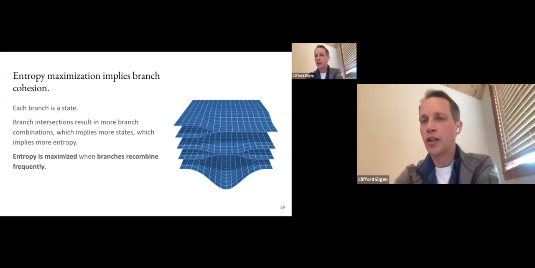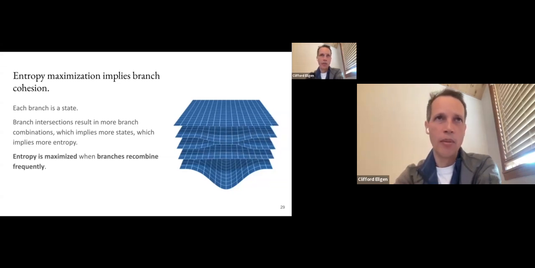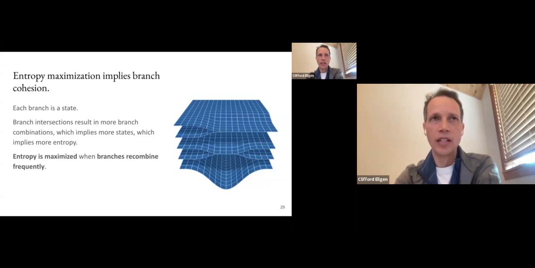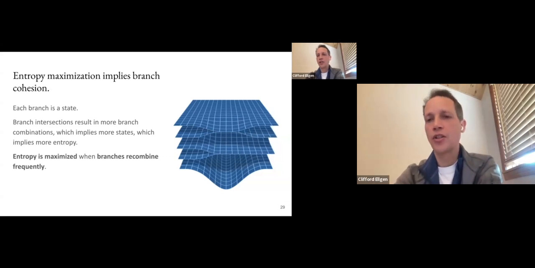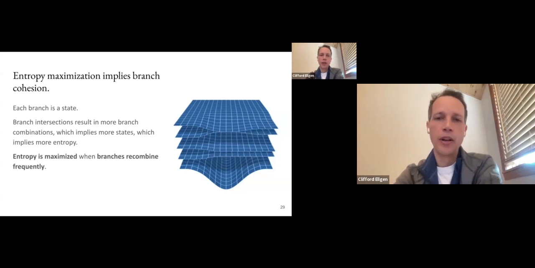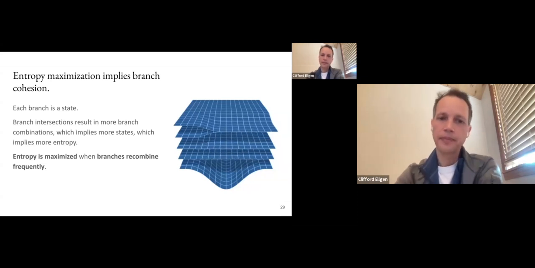If they recombine in the middle such that you can go from the top branch to the bottom branch, then I have more combinations of states: top-bottom, top-top, bottom-top, bottom-bottom. So more branch intersections imply more states, and more states imply more entropy. And so there is an entropic pressure for these branches to frequently recombine with each other, so that we have more states, more entropy.